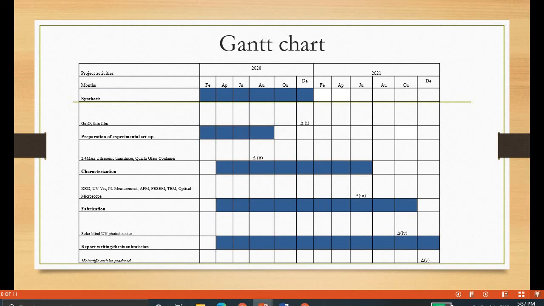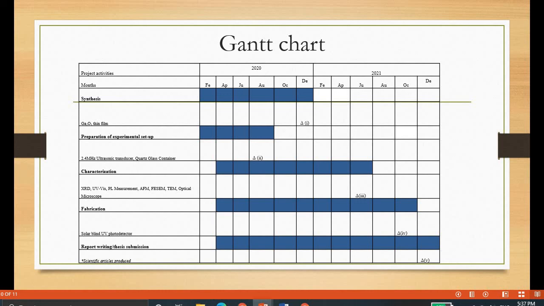With the transparent container, I can observe whether the gallium acetate solution will form the mist, be generated, and be transferred to the heating furnace.